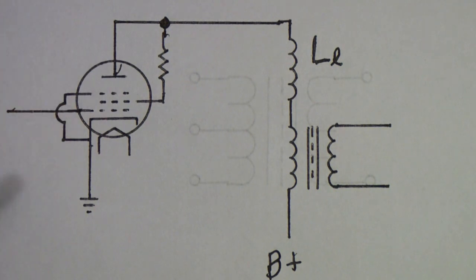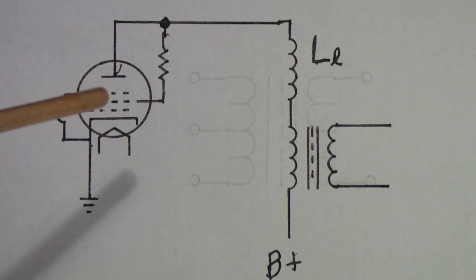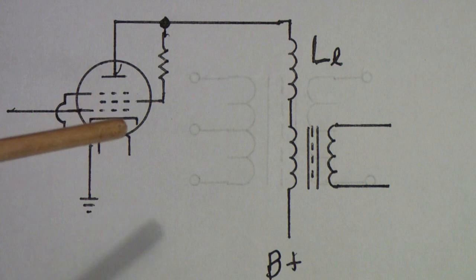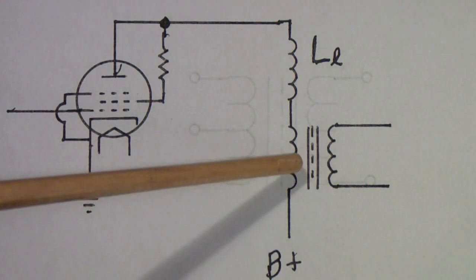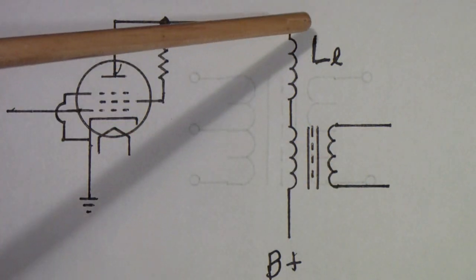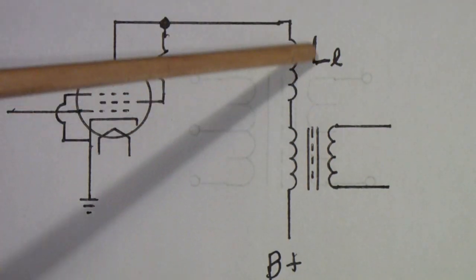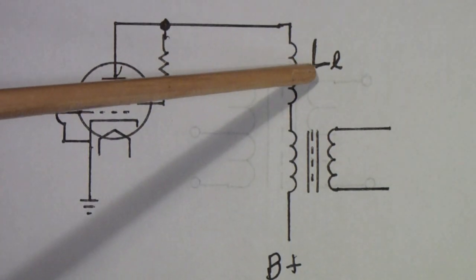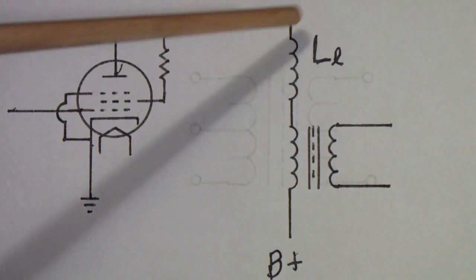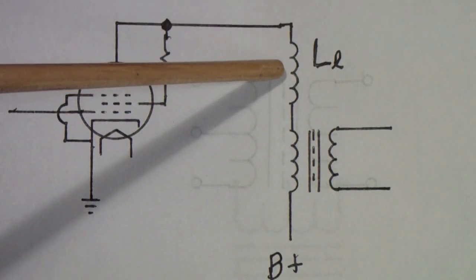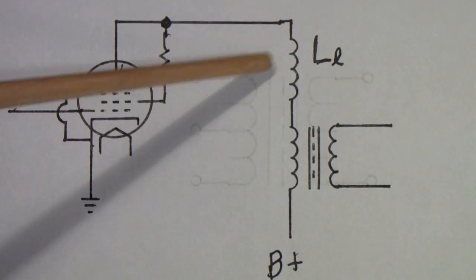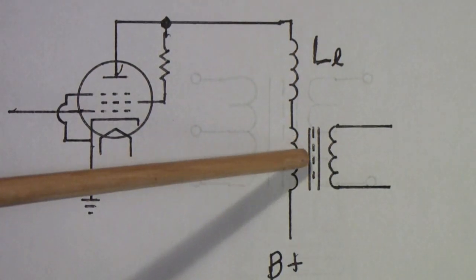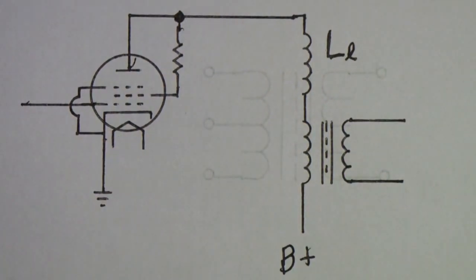I'm only showing this as sort of the bare minimum of the output circuit, for example, of a Williamson amplifier. Over here you have the output transformer, and in series with this plate lead is an inductance. Now this is the leakage inductance. It's not actually present. It's not physically there. It's actually a representation of what's going on inside this transformer. But here is the problem.